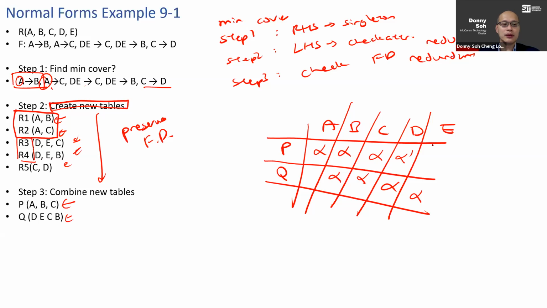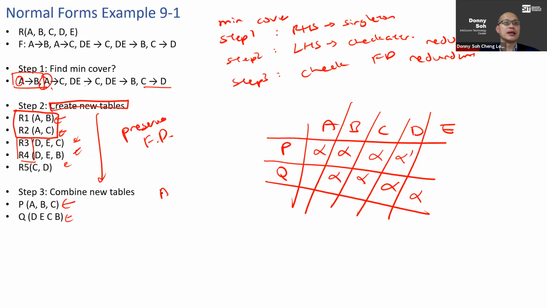Okay, so in this case, what do we do to make it lossless? One thing we do is let's find the candidate key first. So let's look for the candidate key of the old table here.